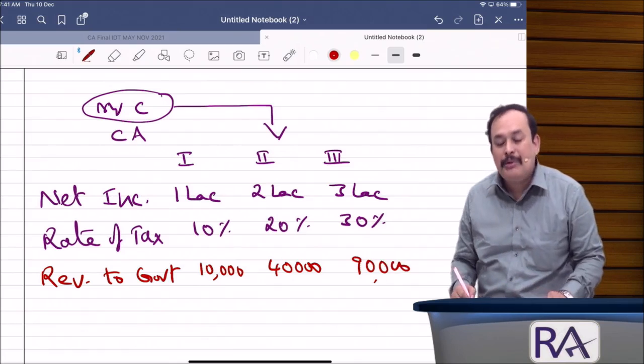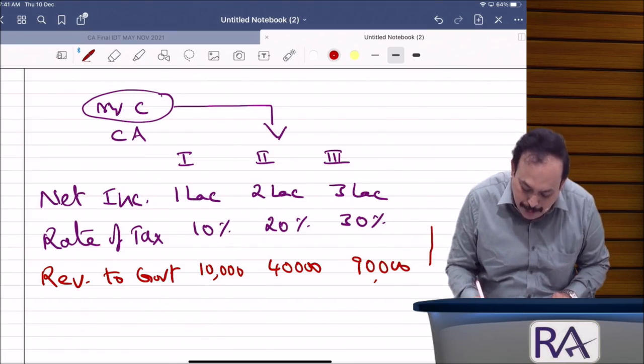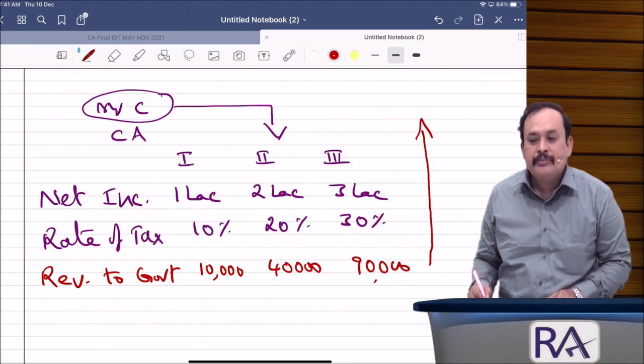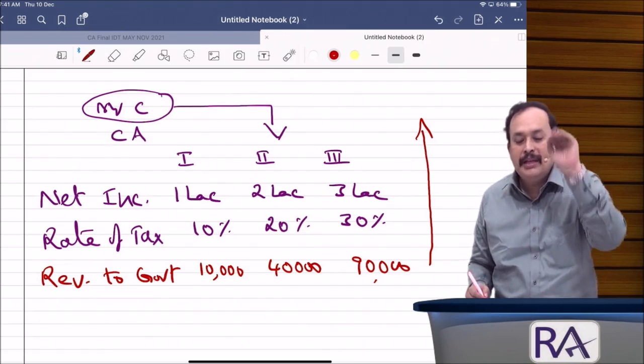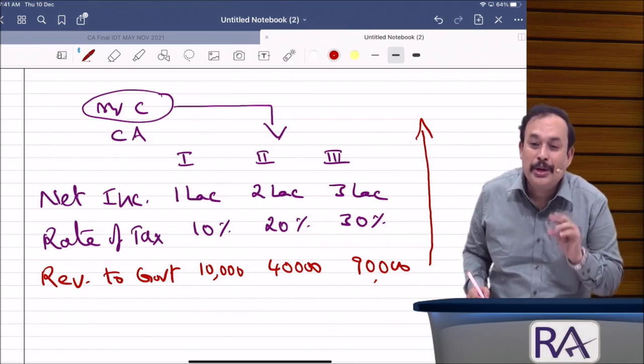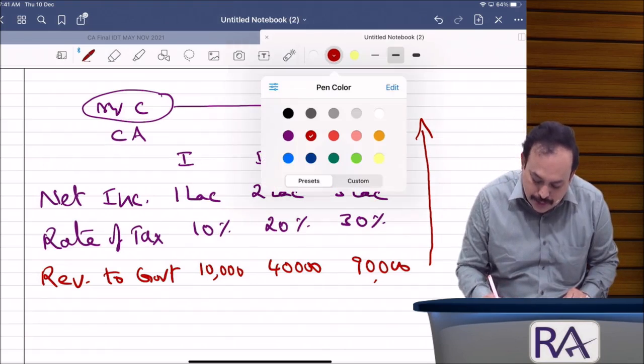So what happened, my dear? The rate of tax goes up and up, revenue also goes up and up. It is known as progressive nature.